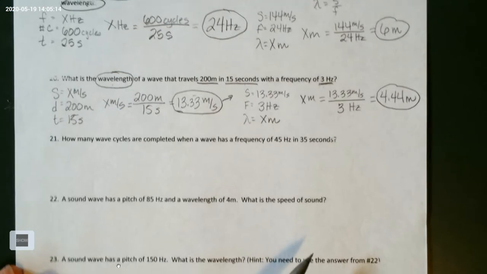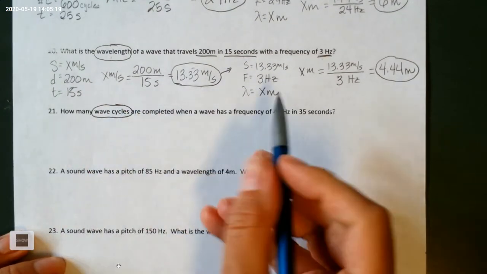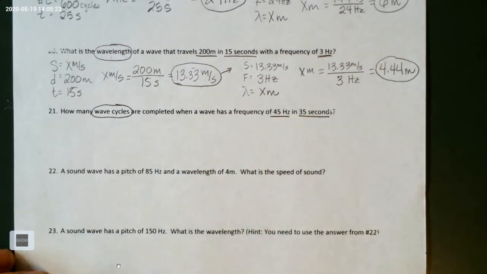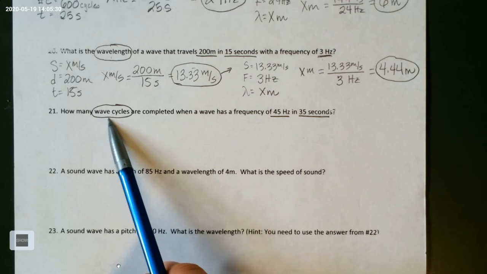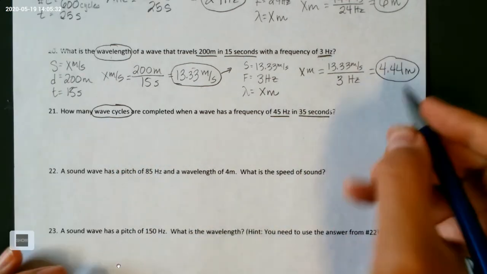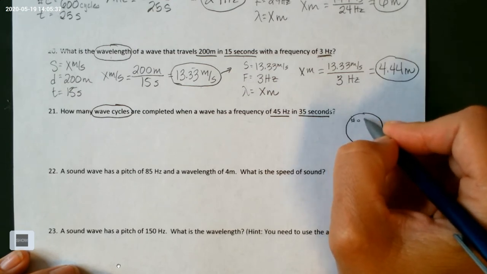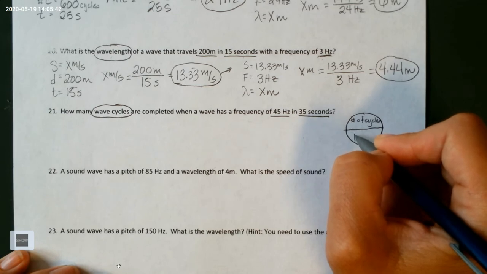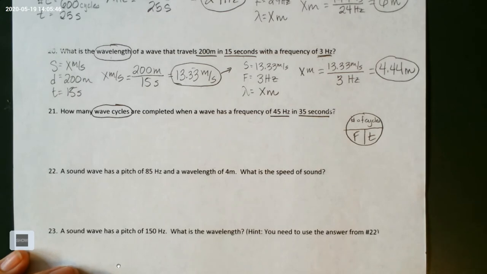Okay, how many wave cycles? So now we're looking for how many wave cycles are completed when a wave has a frequency of 45 hertz and 35 seconds. So in this case, this is the frequency equation that has number of wave cycles and time. So we had a circle, number of cycles on top, over top of frequency and time on bottom.